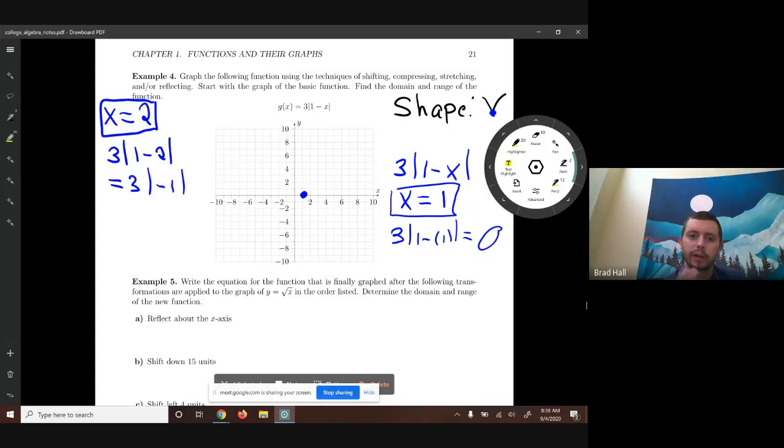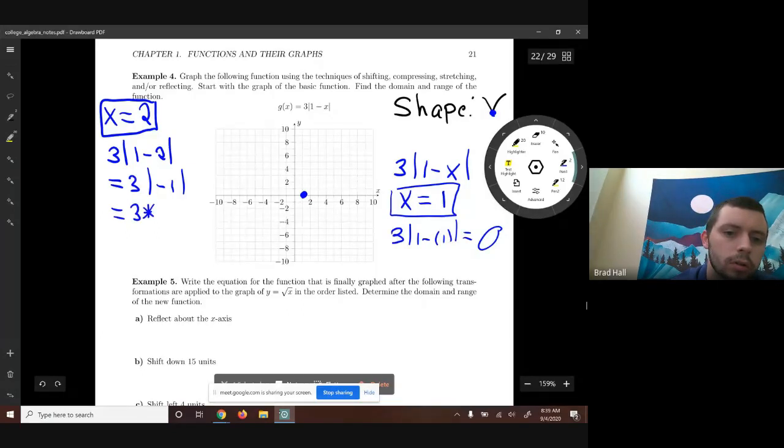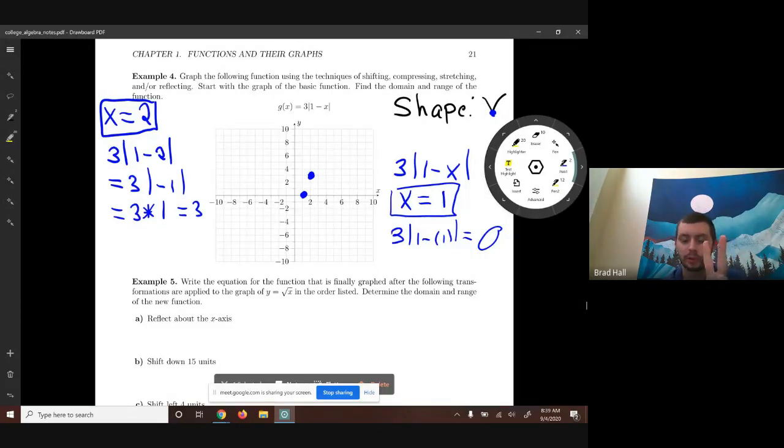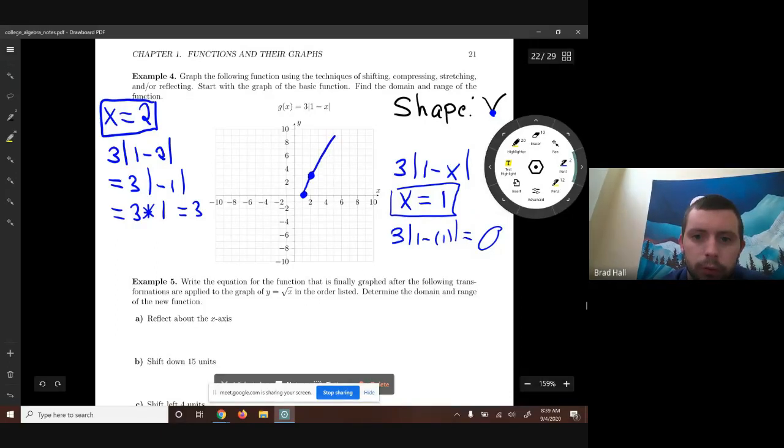And then positive 1 times 3 is just 3. So when we plug in 2, we get 3. And now we have a second point.